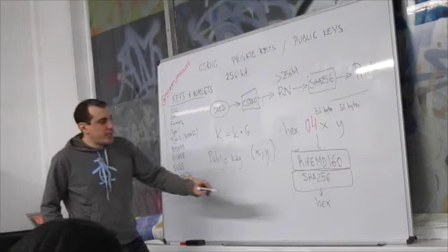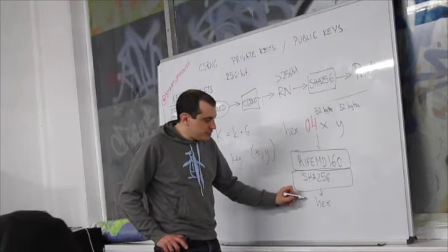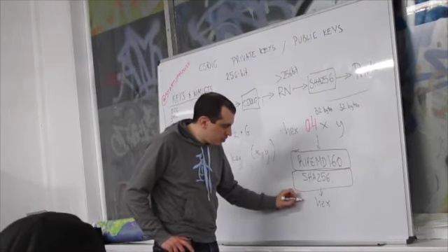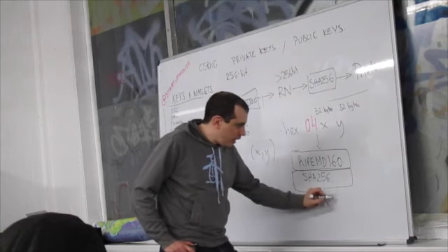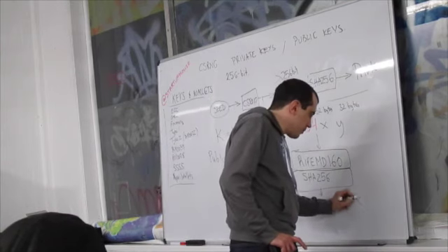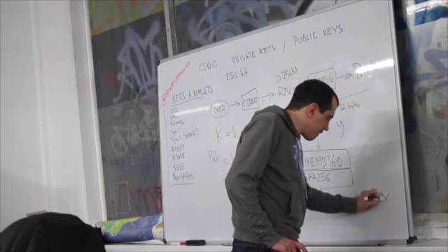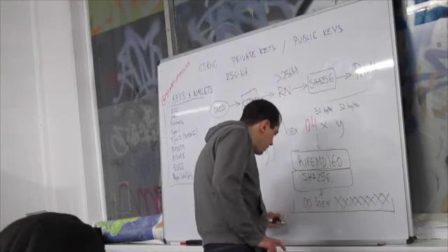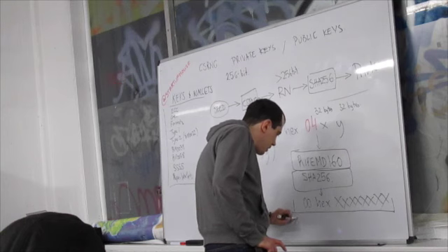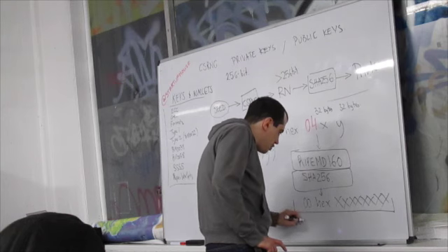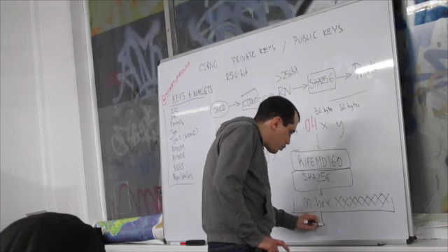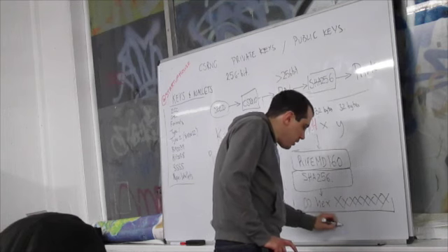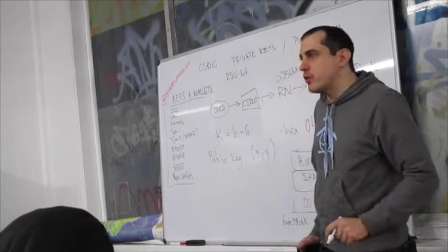We take that piece of hex here and we put a prefix of 00 and a checksum. And we produce a base 58 check encoding of this. That is 1. And that's your Bitcoin address.